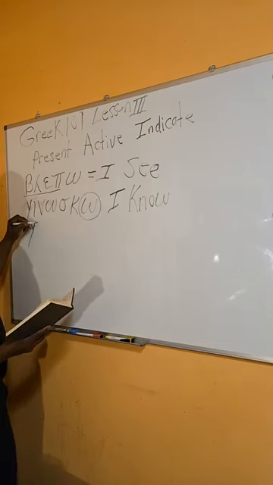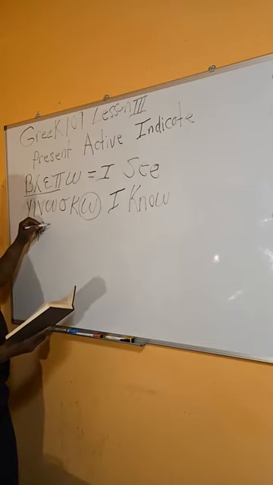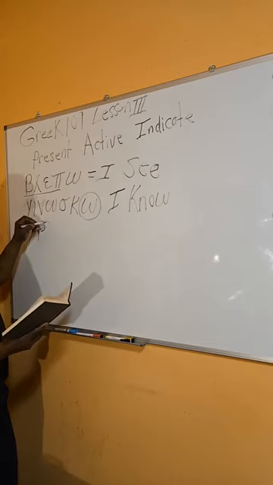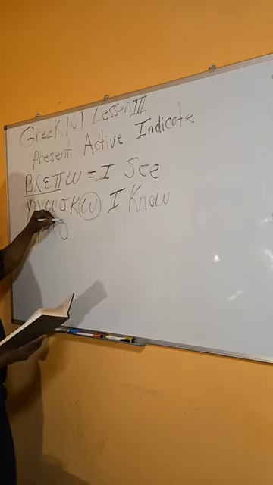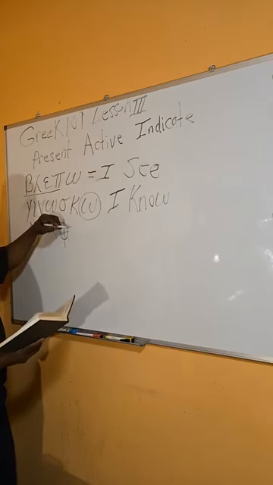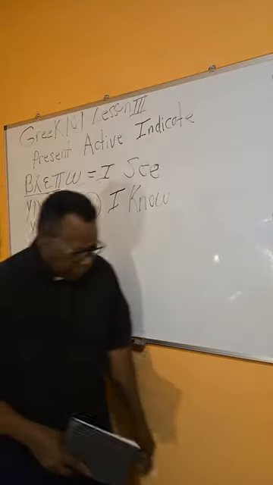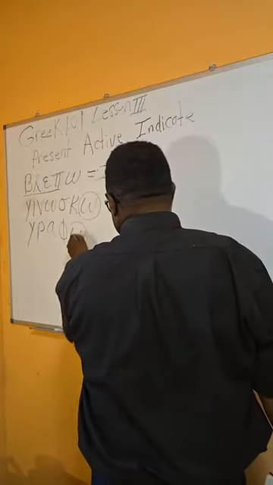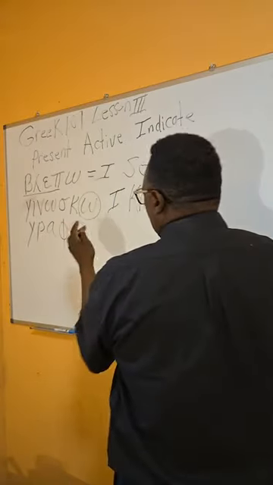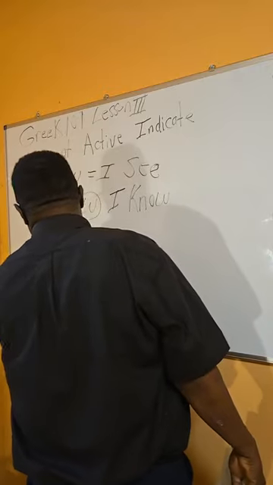Here's another one, gamma, rho is that R, grapho. Here's your phi, and your omega. Now notice, behind every Greek verb, what are you seeing? The omega. What does that omega mean? I. So the stem of this word is graph.